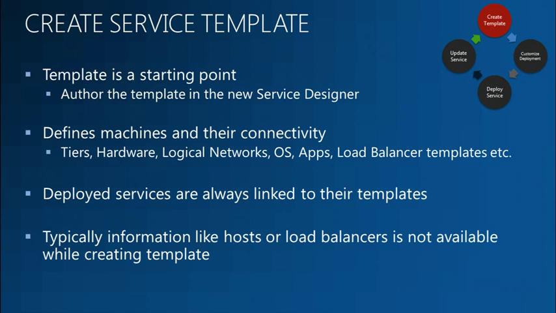And typically when you're designing a service in the service designer, you don't have information like, which hosts would this service instance actually be deployed to, or which particular load balancer would I use? So really what you're doing in the designer is describing the characteristics, the capabilities, the requirements of those tier instance machines, and then at deployment time, we'll figure out with our intelligent placement algorithm what's the right host that meets those requirements, what's the right load balancer that has connectivity to that cloud or that particular host group that matches the requirements you've specified in the service designer.